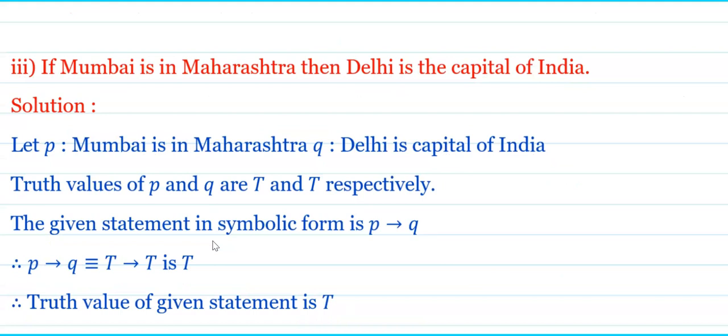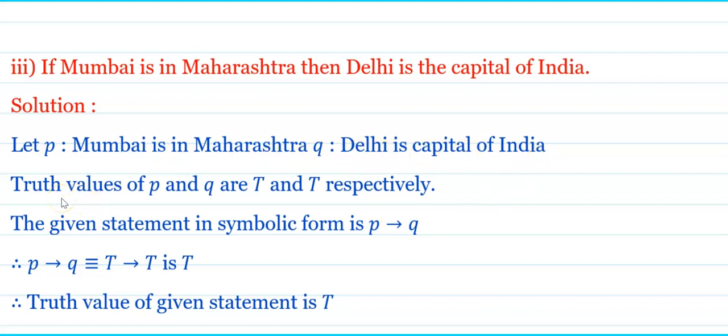Okay. Now the next. If Mumbai is in Maharashtra, then Delhi is the capital of India. First P, Mumbai is in Maharashtra. Q, Delhi is the capital of India.